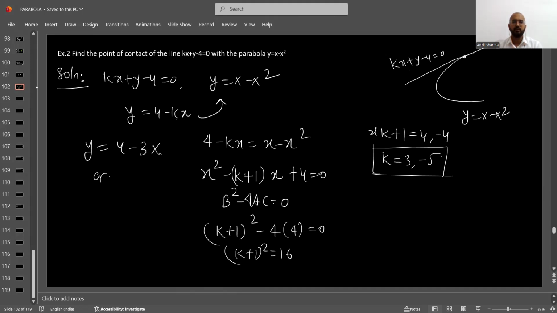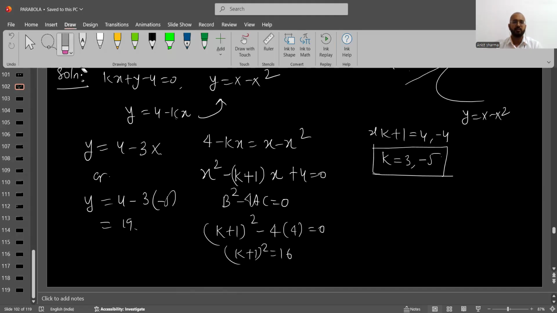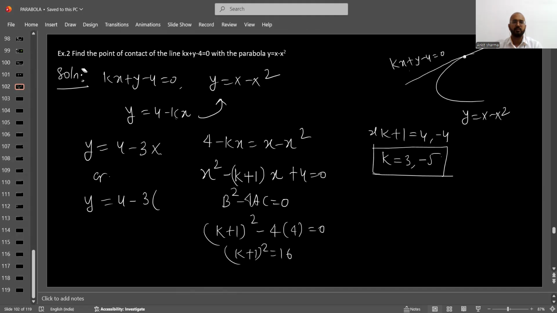Or I can have y is equal to 4 minus (minus 5)x. No, I think I wrote it wrong. 4 minus kx. So k is minus 5. So I can write down directly here y is equal to 4 plus 5x. So these are my two lines.